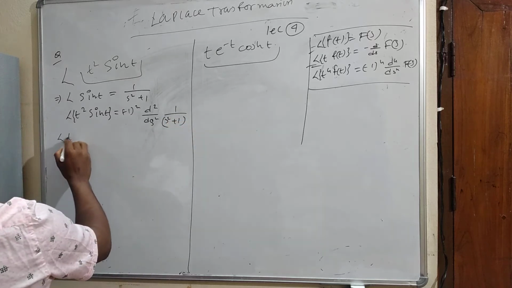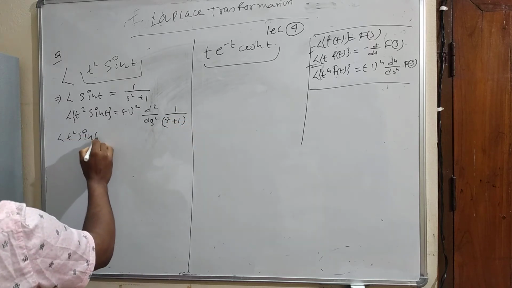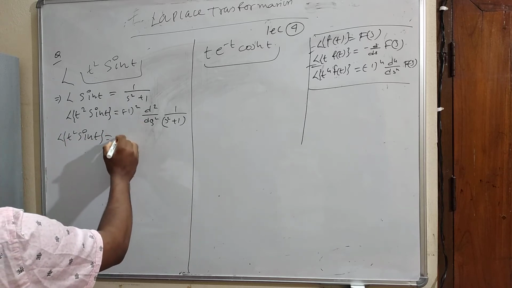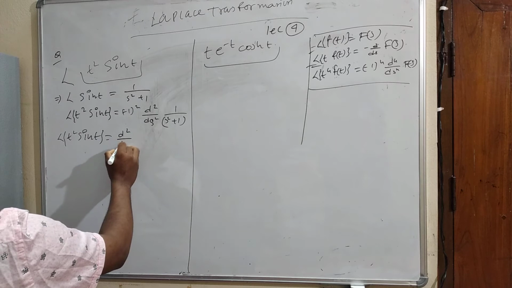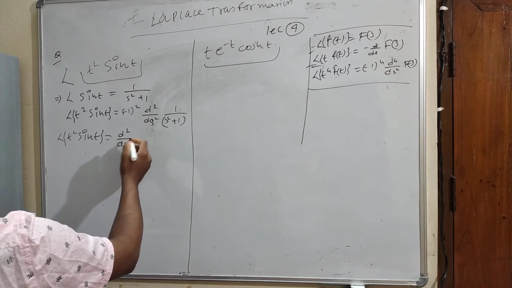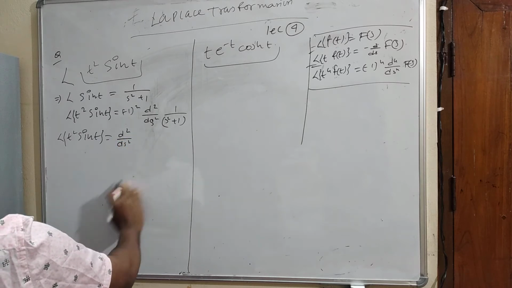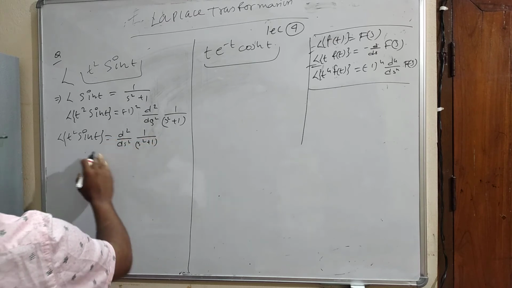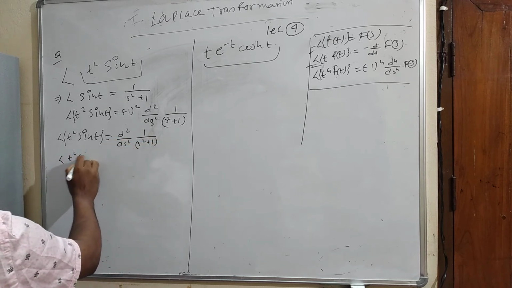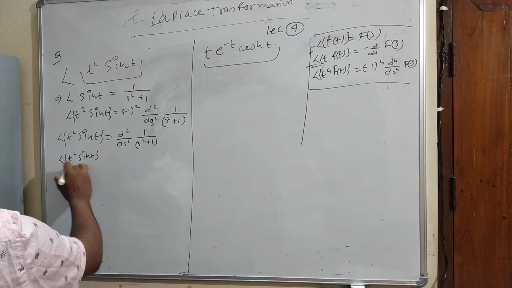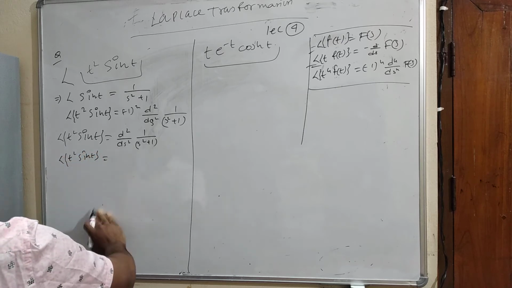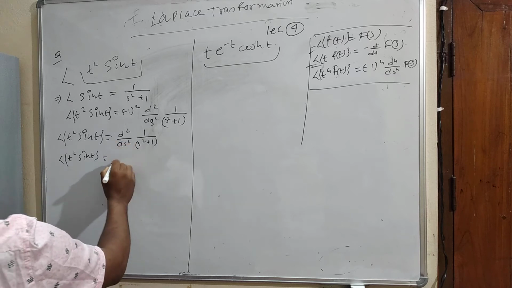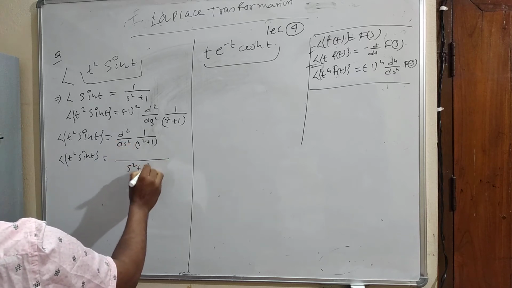So Laplace of t square sin t is equal to minus 1 square, which is 1, times d square upon ds square of 1 upon s square plus 1, the second order derivative. So first take the first derivative of this, and then I will have to take another derivative.